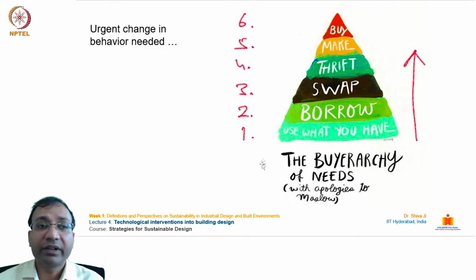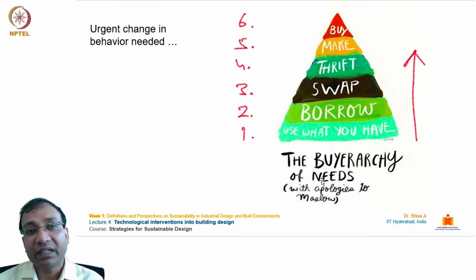I'll again reiterate, we must make use of whatever is available with us. Only if it is not available with us and we cannot manage, then we can go for borrowing from somebody. We can get it on rent if we need something, or maybe we can swap it with somebody. Maybe we can go for thrifting, or maybe we can go for making it ourselves.